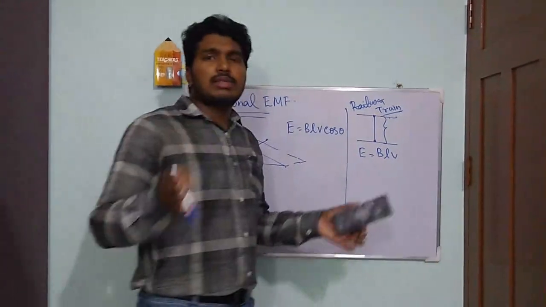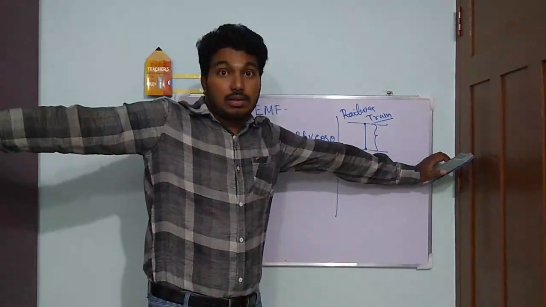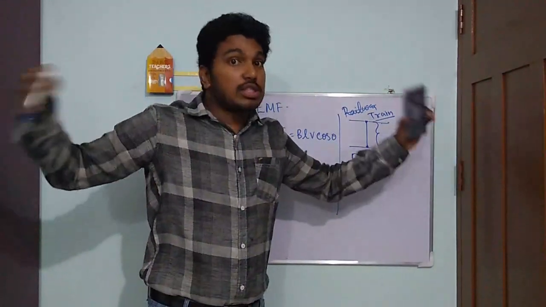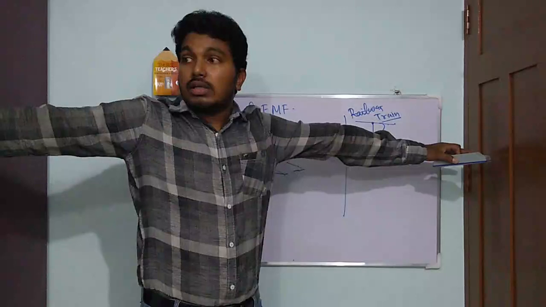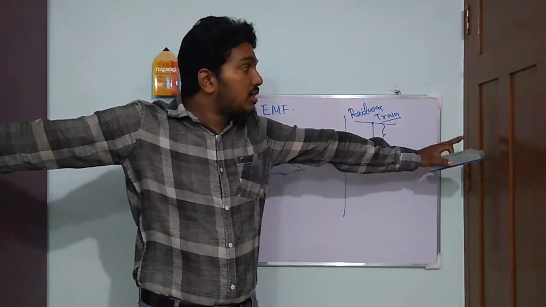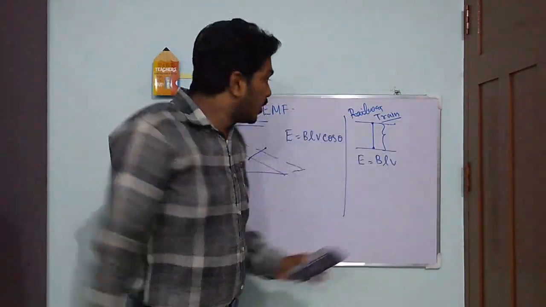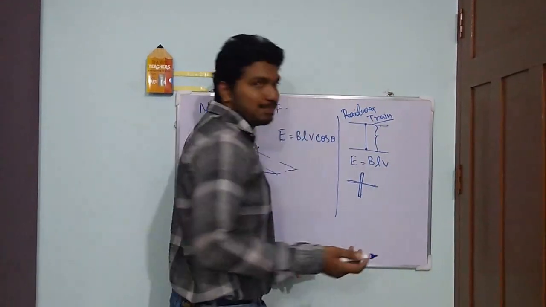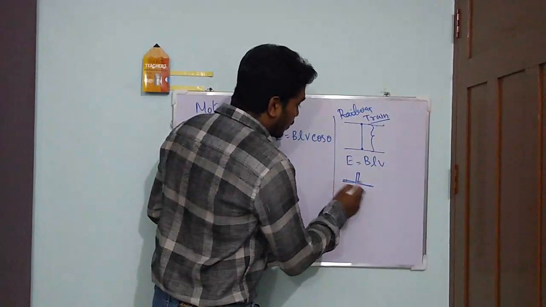Similar to this, sometimes a question may come: an aeroplane is flying in a vertical magnetic field which is caused by the earth. What is the induced EMF across the tips of its wings? So maybe this is a plane, and these are the wings of the plane.